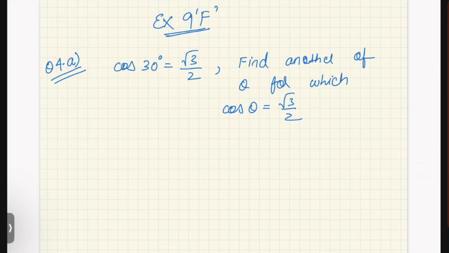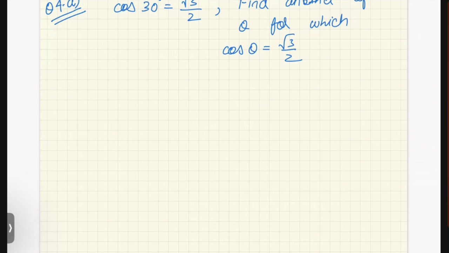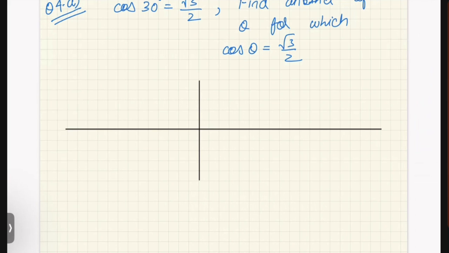For this, you will have to again draw the cos x graph. So let's draw it since now we know it. You know that we'll draw 90, 180, 270, 360. This should be enough, but still let's draw minus 90, minus 180.